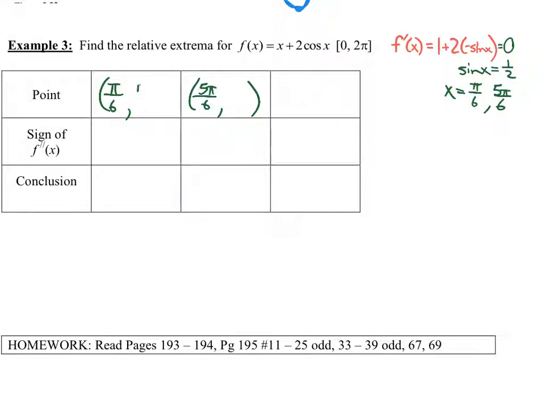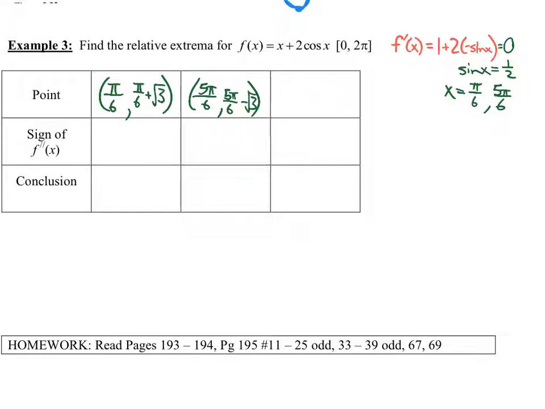So I've got pi over 6 plus root 3 as my y coordinate. And then if I plug in 5 pi over 6, it's going to be 5 pi over 6 minus root 3. Okay? And we can just leave the coordinate like that. We don't have to figure it out as a decimal.